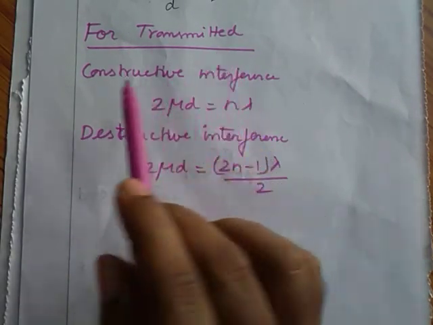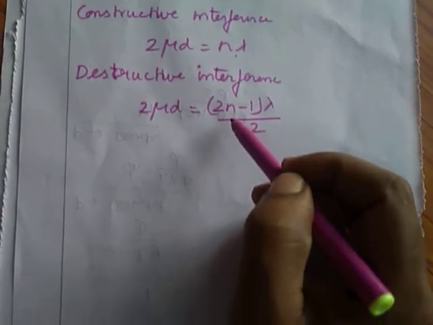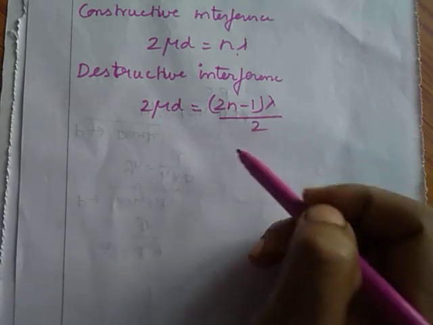For transmitted light, constructive interference is 2 mu d equals n lambda, and destructive interference is 2 mu d equals (2n minus 1) lambda by 2.